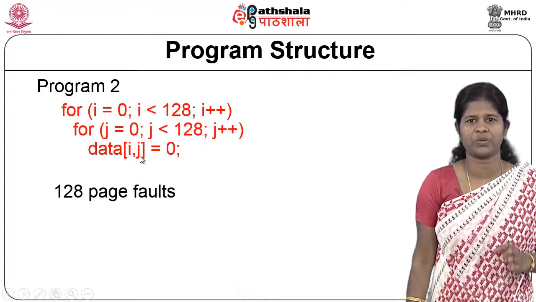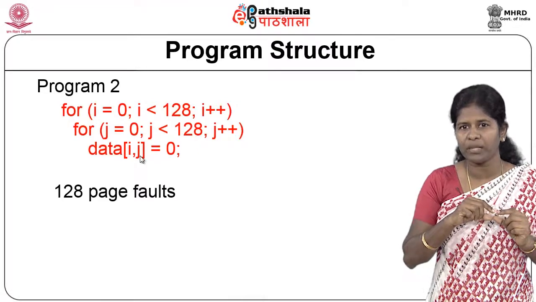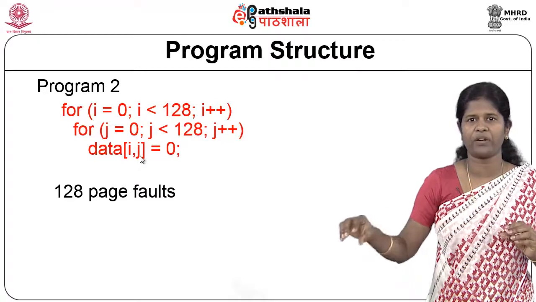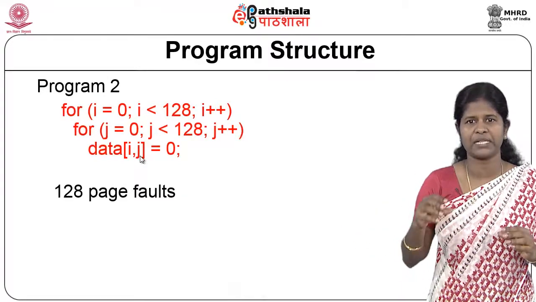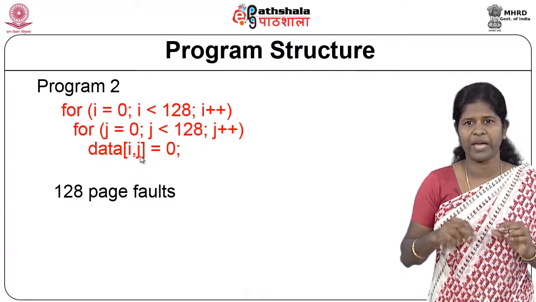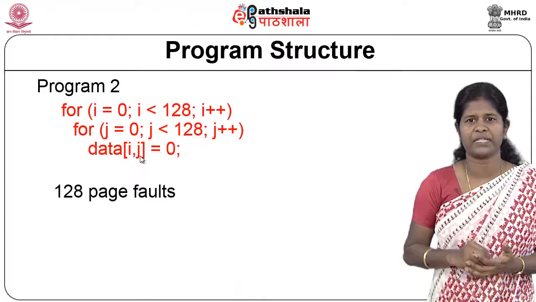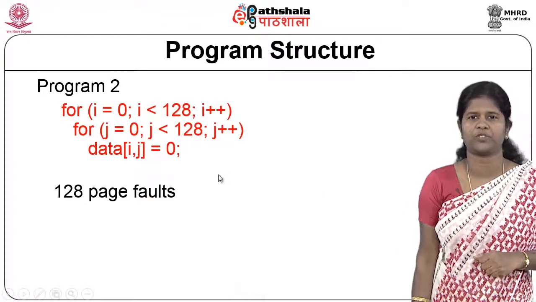Third will be 0 comma 2, and so on. So, in sequence they access all the elements in one particular row. So, all elements in one row will be accessed, and only then the second row will be accessed and so on. So, all elements in the first page will be accessed, and then the second page will be accessed and so on. So, you get only 128 page faults.